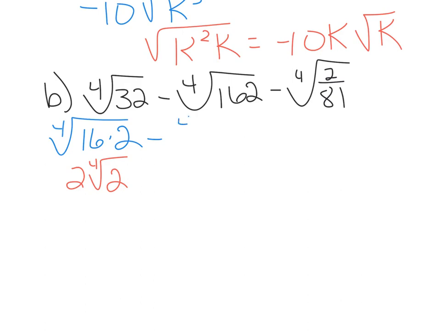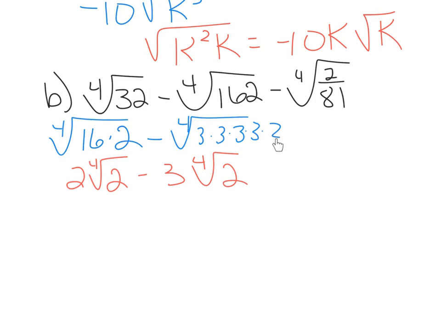This 162, remember, was 3 times 3 times 3 times 3 times 2. So you have this perfect 4 in here. So this is going to bring a 3 to the outside. So this is going to be 3 times the fourth root of 2. So that 2 right there has to stay in.